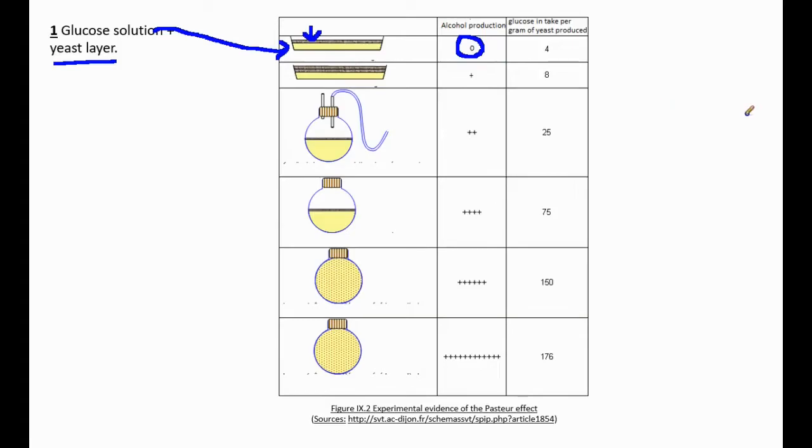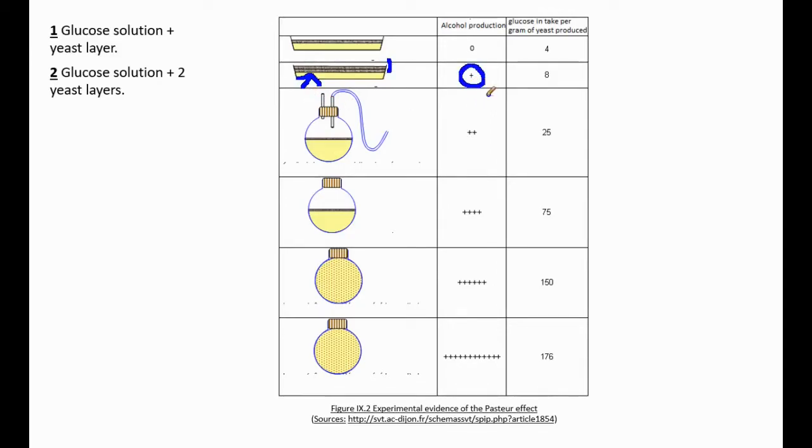Second experiment, glucose solution plus 2 yeast layers. So at the top there are 2 yeast layers this time, and at the bottom there is still the glucose solution. There's a little bit of alcohol that's been produced.